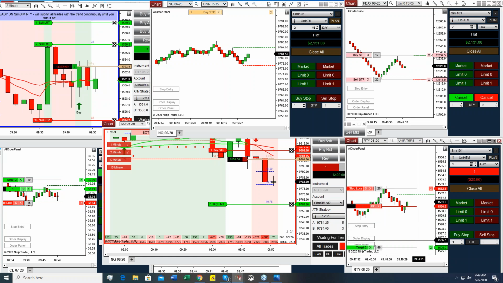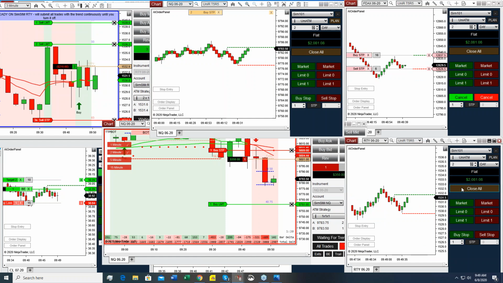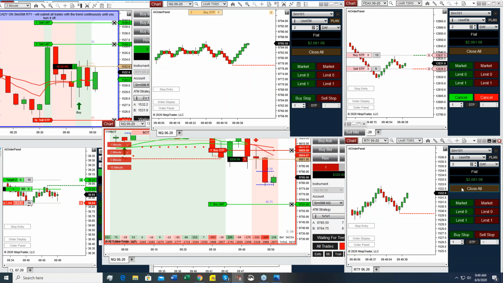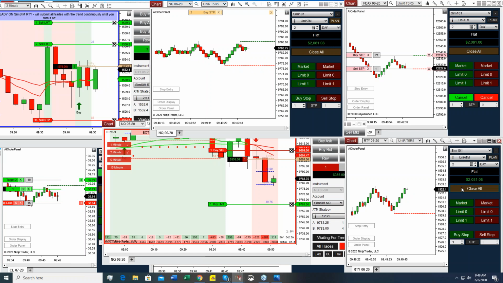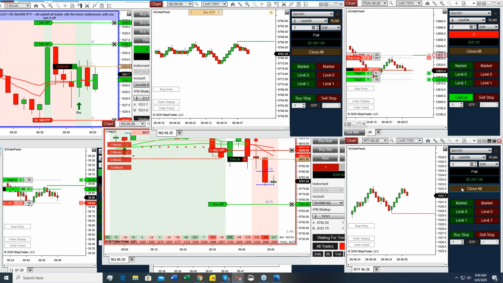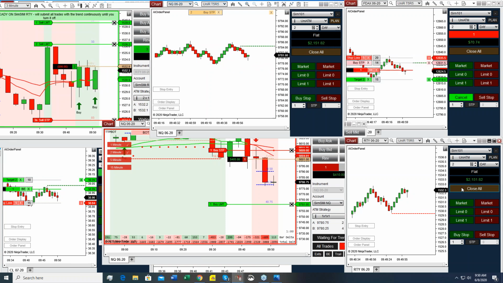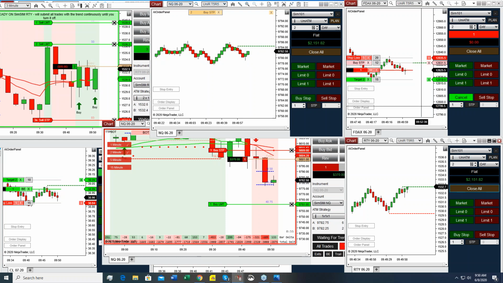Stop filled. I could move this break even. Target filled. Order filled. That's the DAX. First target hit.